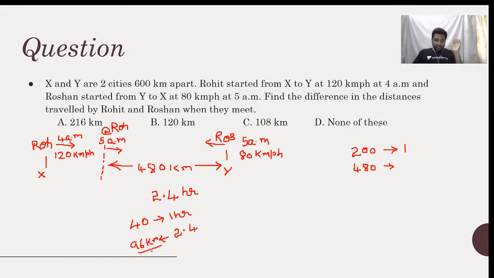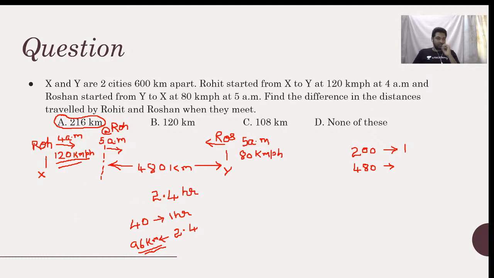But in addition to that, Rohit has also covered another 120 kilometers. Therefore, my answer would be 120 plus 96, which is nothing but 216 kilometers. Is that clear? Understood that?